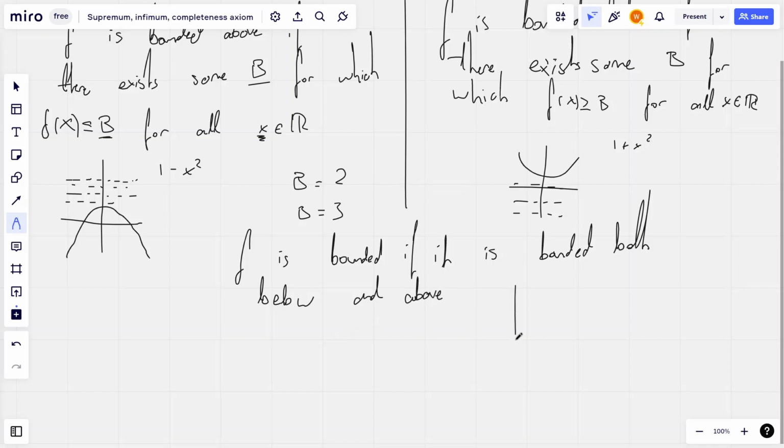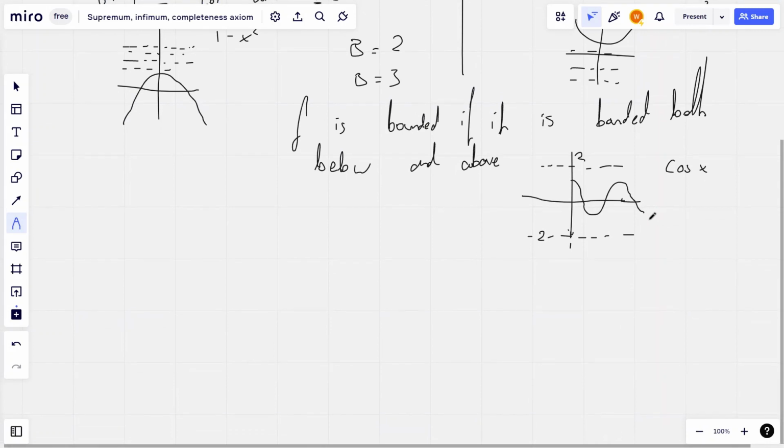So an example of a function like this is cosine of x, which goes like this, which we have some value for which it's smaller than, let's say this can be 2, we can have minus 2 here, and you can see that cosine x is bounded.